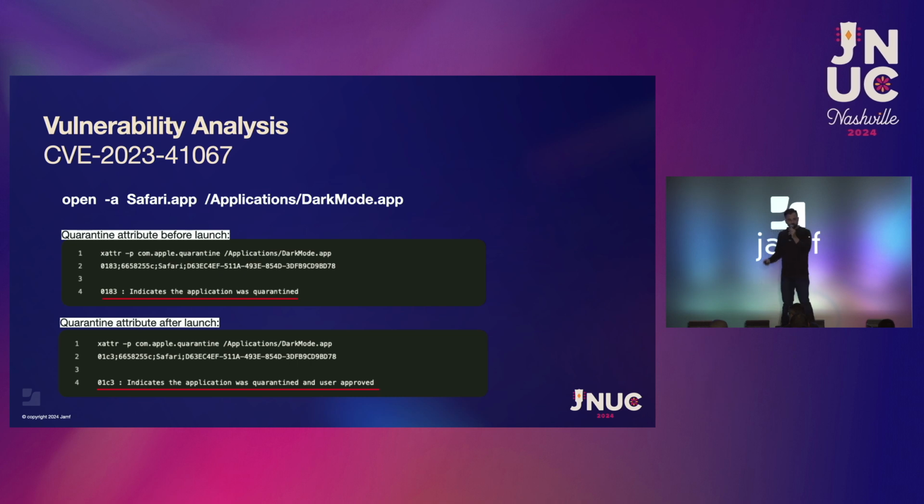So let's dive into this a little bit. Running the open command, as shown on the screen here, will result in the same Gatekeeper prompt we've seen with the vulnerable file lock approach. And this is what we are essentially doing when we drag and drop our application that points to dark mode.app over Safari. We are instructing launch services to open our unsigned dark mode.app using Safari in this case.